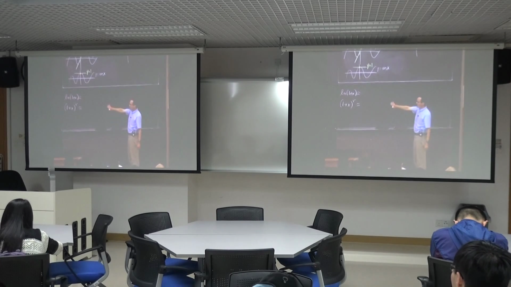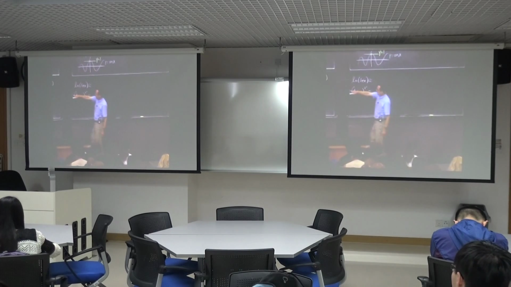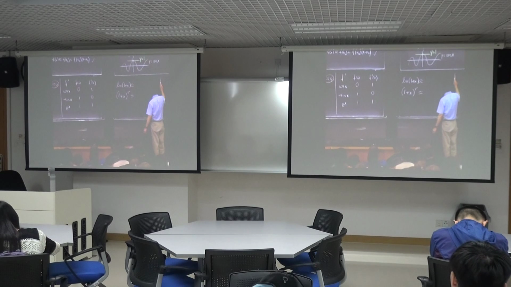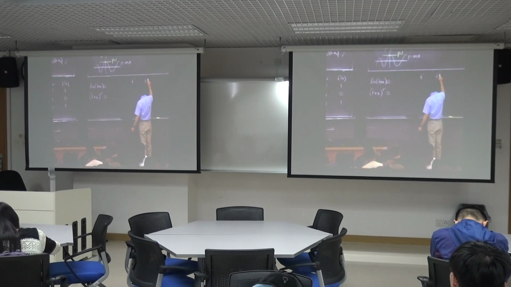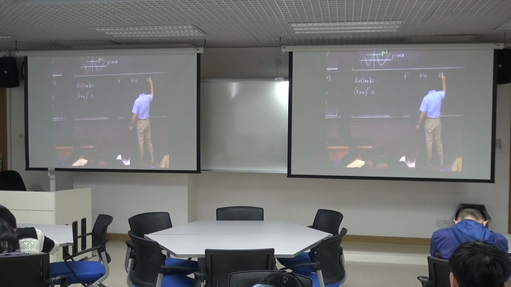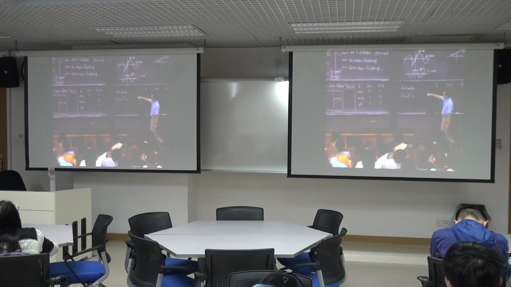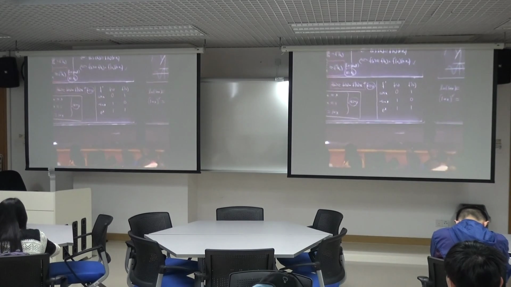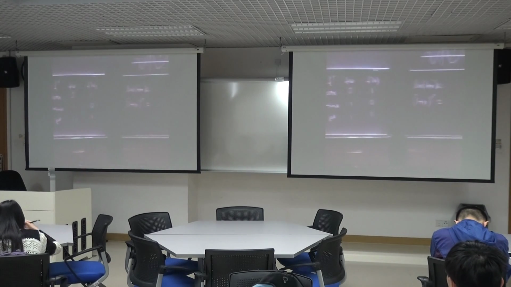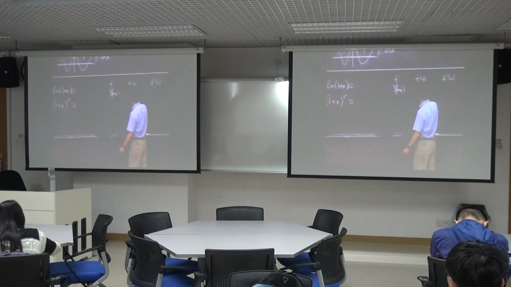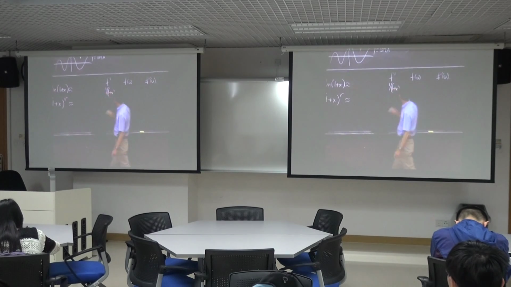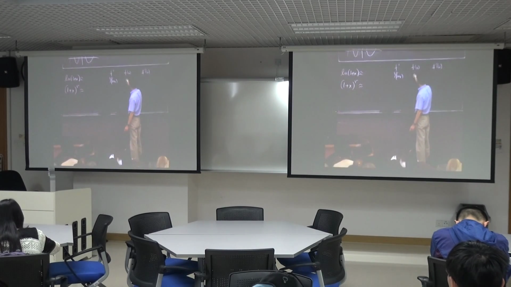Now, the procedure is the same as over here. Namely, I have to write down f prime, and I have to write down f of 0, and I have to write down f prime of 0, and then I'll have the coefficients to be able to fill in what the approximation is. So f prime is 1 over 1 plus x in the case of the logarithm, and f of 0, if I plug in, that's log of 1, which is 0.